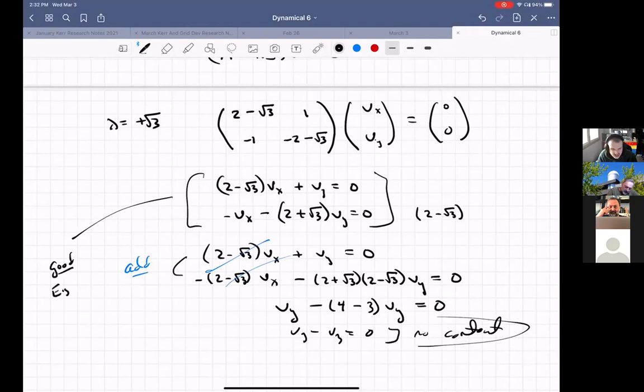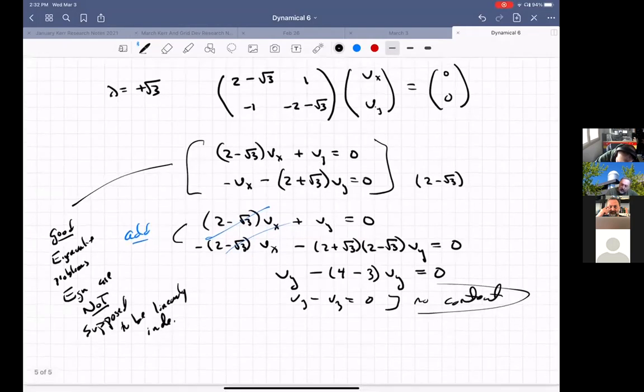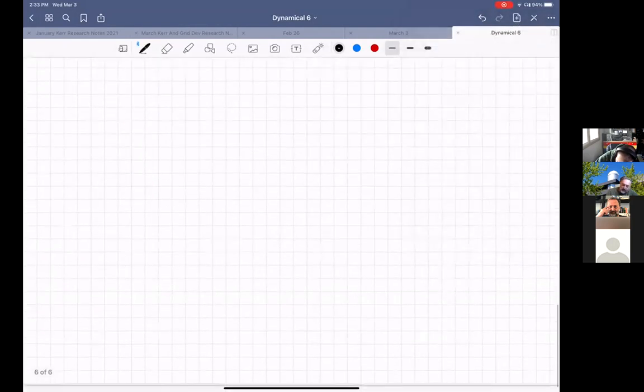In eigenvalue problems, the equations are not supposed to be linearly independent. So all you can do is take one of the equations.